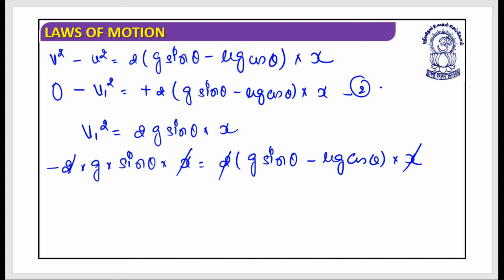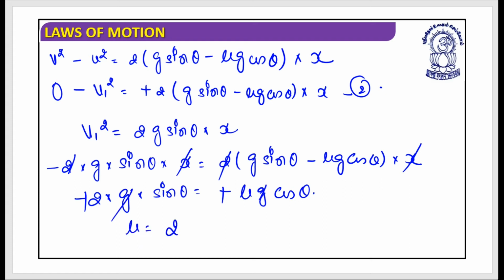If I move it to this side, it's minus 2 into g into sine theta should be equal to minus mu into g into cos theta. This minus minus plus, this g could be cancelled, and mu should be equal to 2 into sine theta by cos theta. This is tan theta. I hope this is clear.